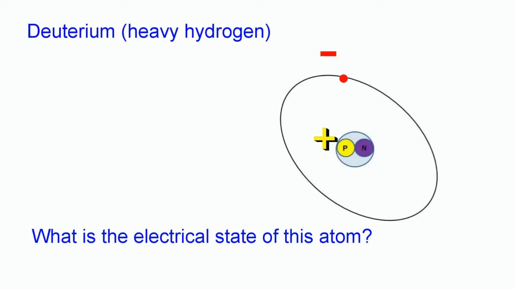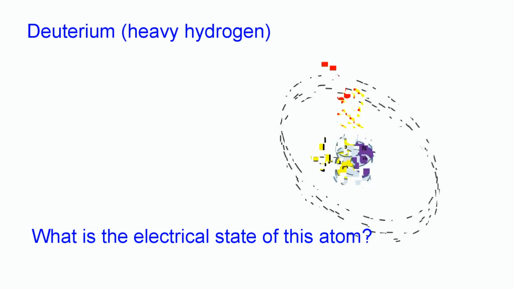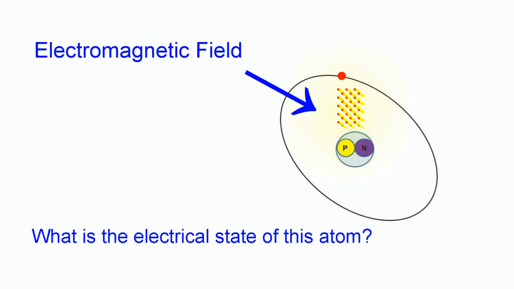As you know, a negative charge and a positive charge attract each other. In the atom, this attraction forms an electromagnetic field that holds the electron in its orbit and prevents it from flying away from the atom.